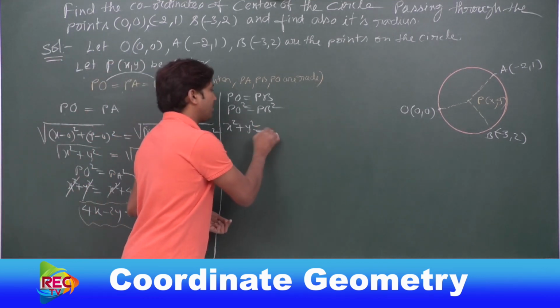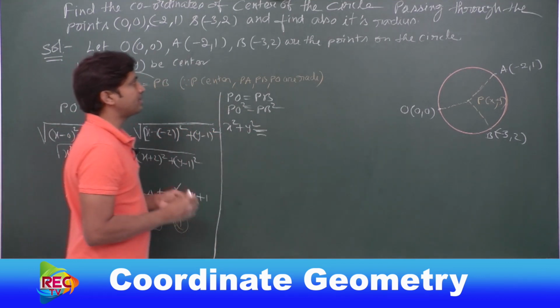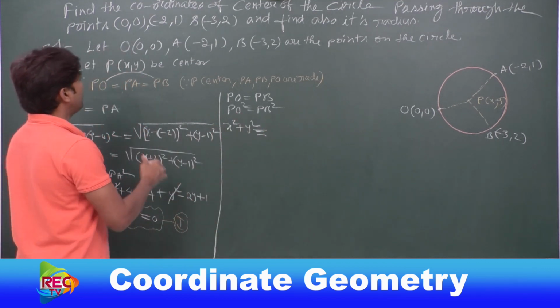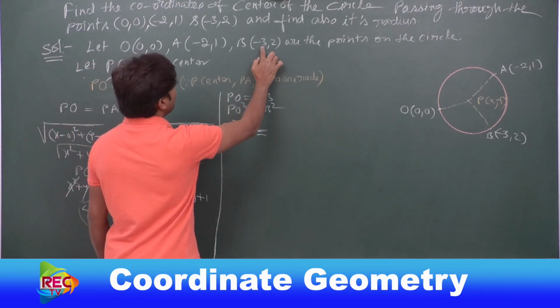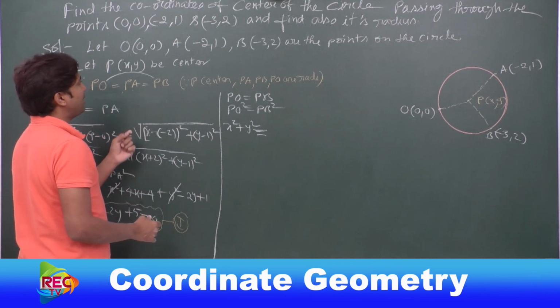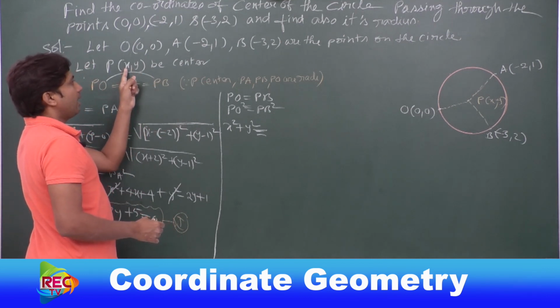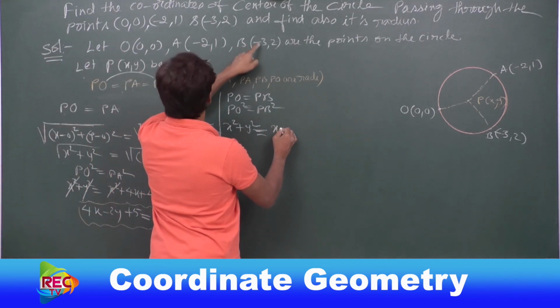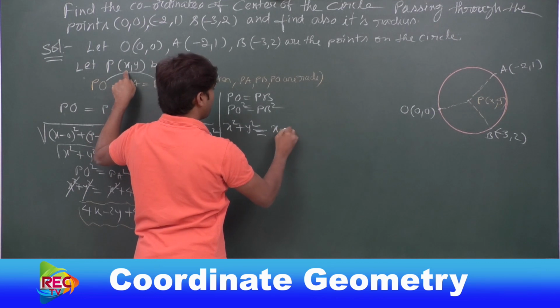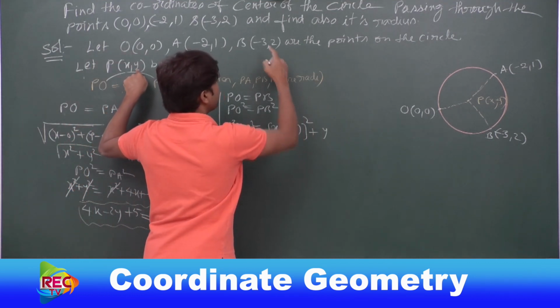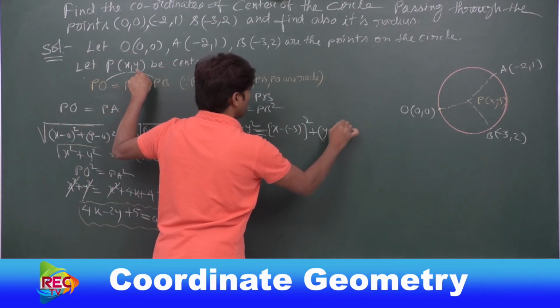Okay, now let me find PB square. That means the distance between point P and B. What is point P? Here x, y, and what is B? 3, minus 2. Understood? We need to find the distance between P and B. Then the formula would be (x2 minus x1) whole square, which is x minus of minus 3, whole square, plus (y2 minus y1), which is y minus of minus 2, whole square.